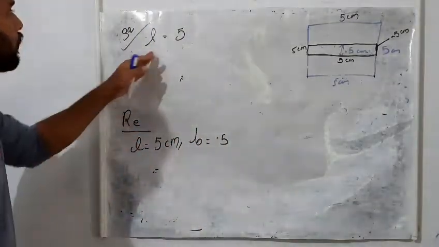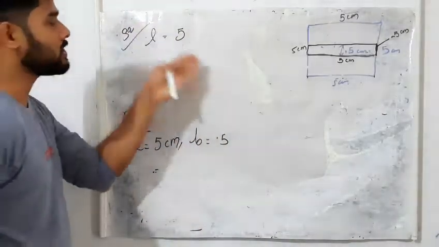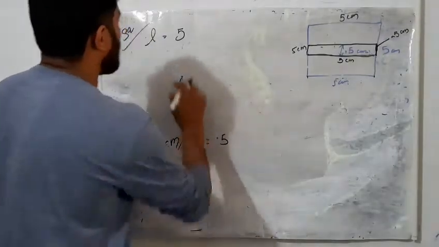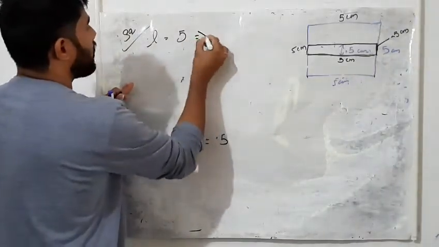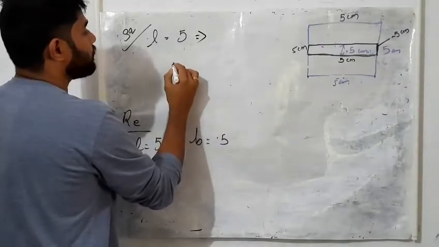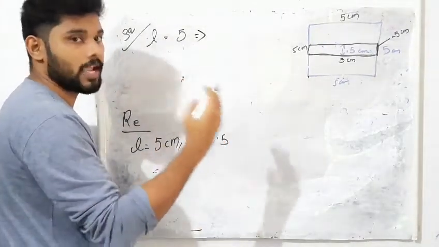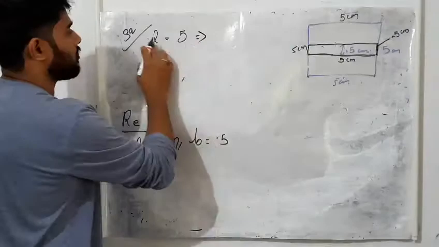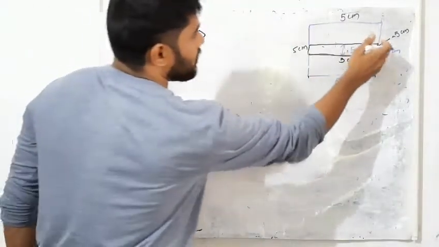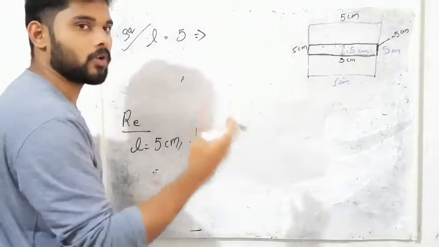Okay. So here first of all we are going to find out the area of this square. Square area. What is the equation? Square area is equal to side into side. That means side squared. Here the length is 5 and the breadth also 5. That means all sides are the same.